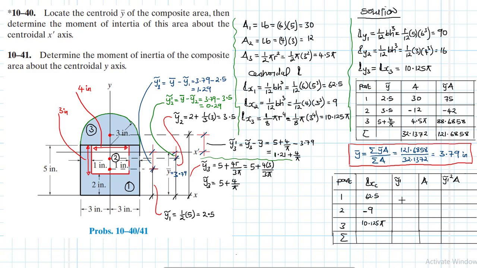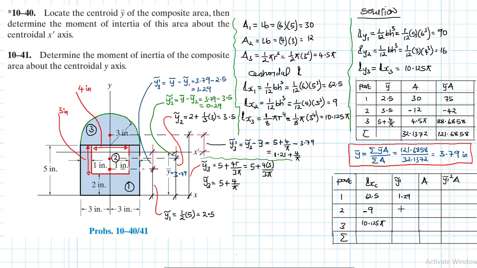Alright. And then we have the centroidal y prime distances. These are the new distances. So the first one is 1.29. This is with reference from the x prime. So each shape's distance from the x prime axis, we found it after finding the centroidal distance of this composite. And now we want to find moment of inertia about the x prime axis. So 1.29.